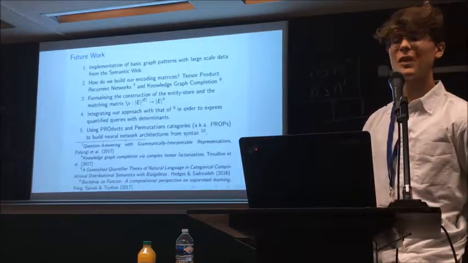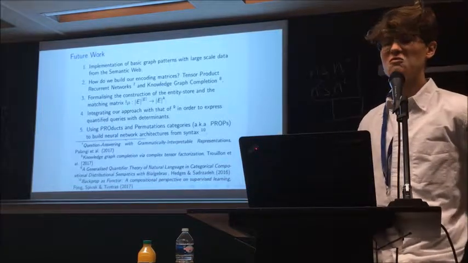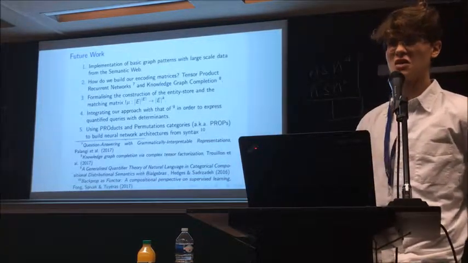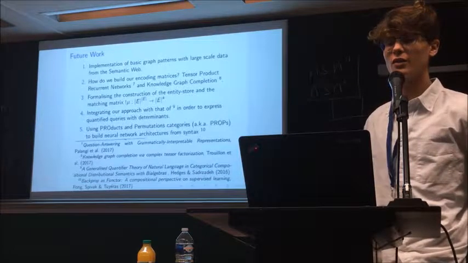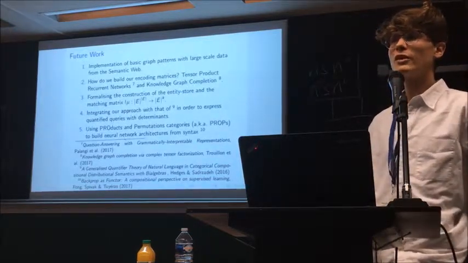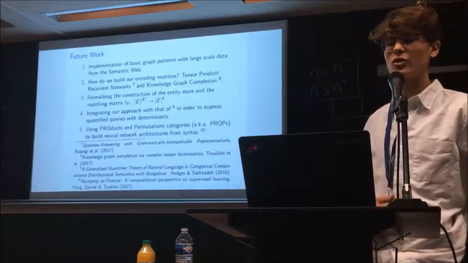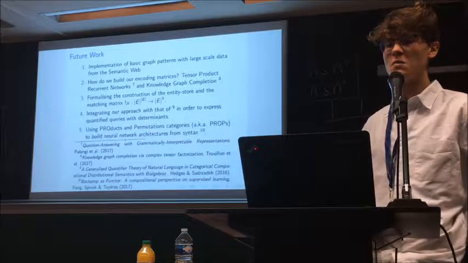So in the future work, there's implementing this with large scale examples using semantic web data, RDF being a good standard for that, in the sense that we have a lot of nice data sets to work with. And implementing questions as SPARQL queries, which is the standard language for knowledge graph queries over the semantic web.